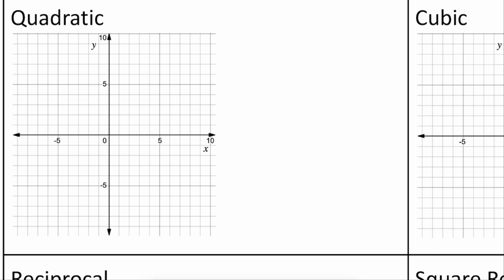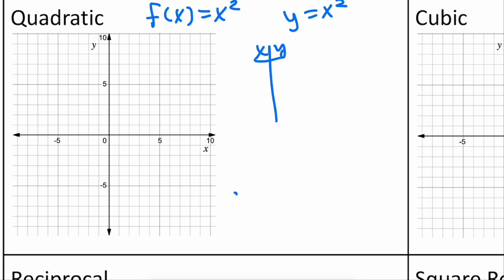Our quadratic function is f of x equals x squared, or y equals x squared is also acceptable. We should know that that's a parabola.